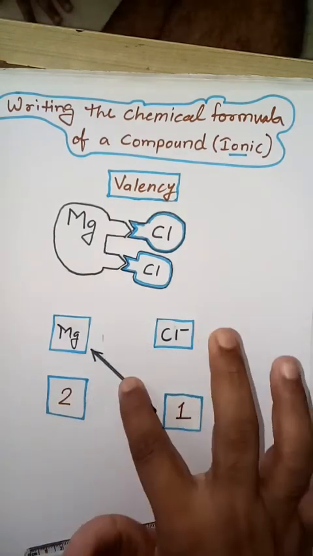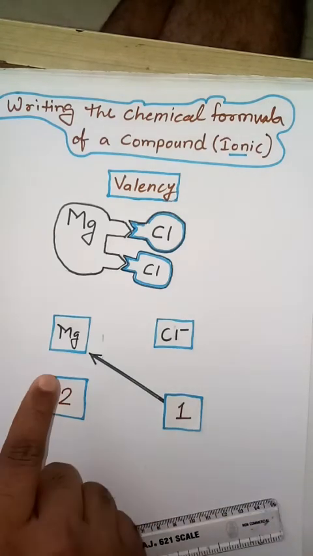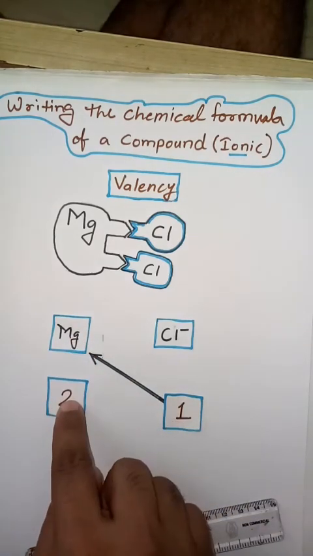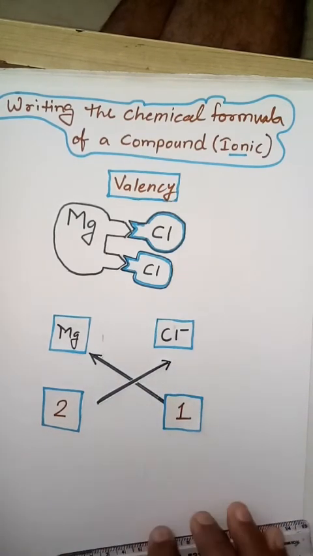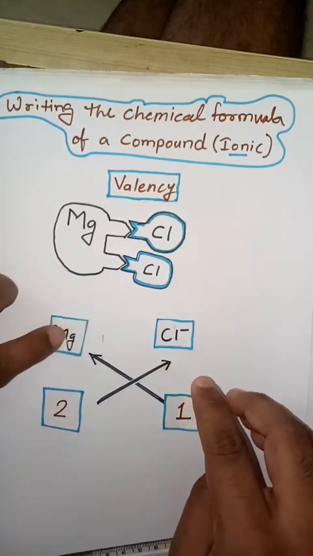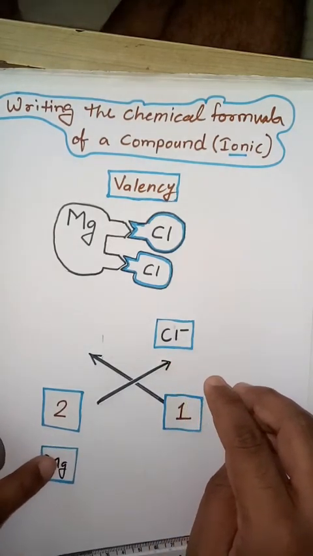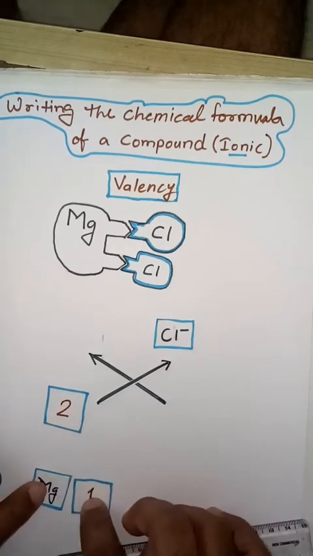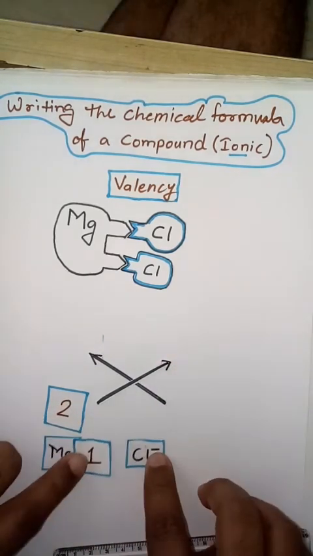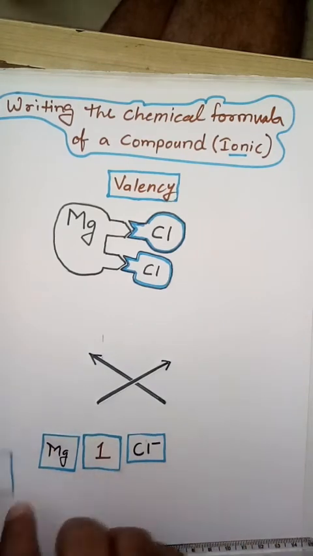crisscross. So the 2 goes to chlorine, and the valency of chlorine goes to magnesium this way. So finally you will write the formula as Mg, and Cl with the 2.